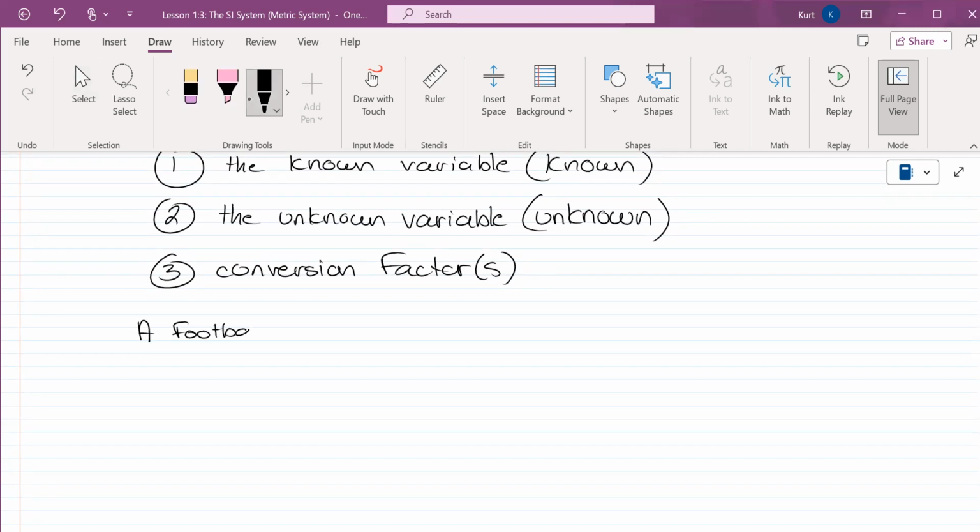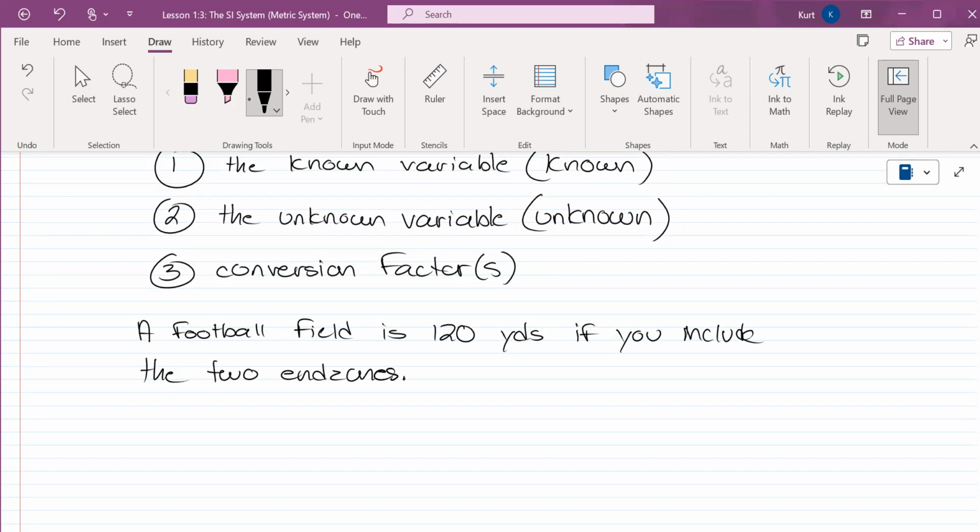A football field is 120 yards if you include the two end zones. How many feet long is a football field?